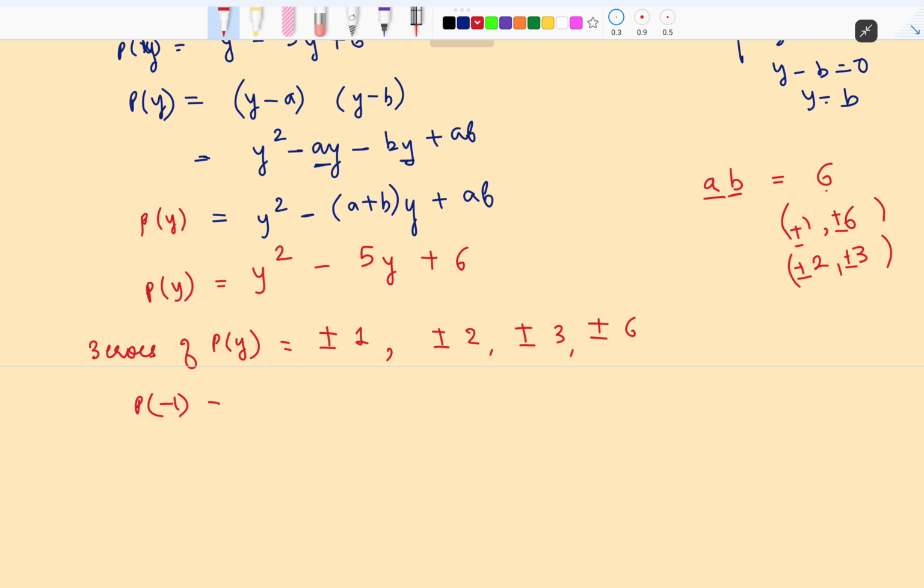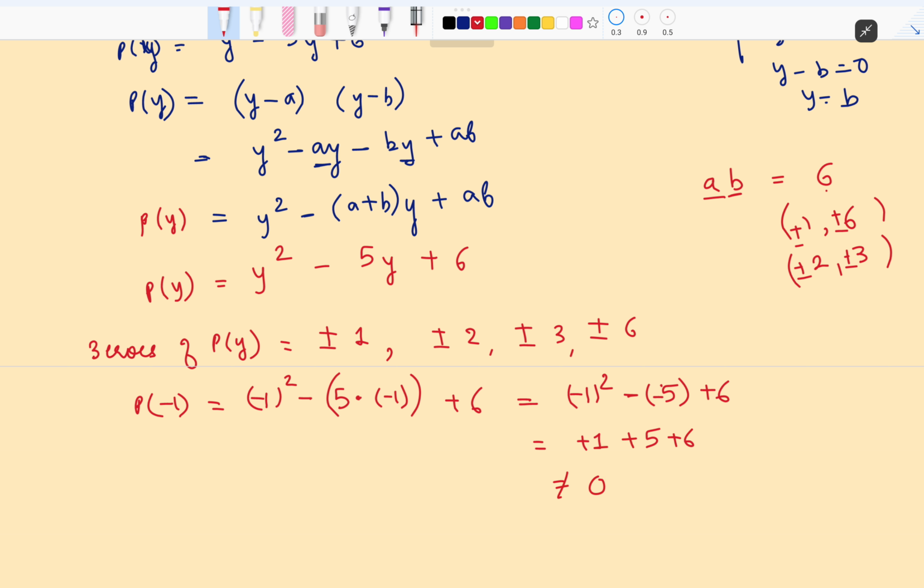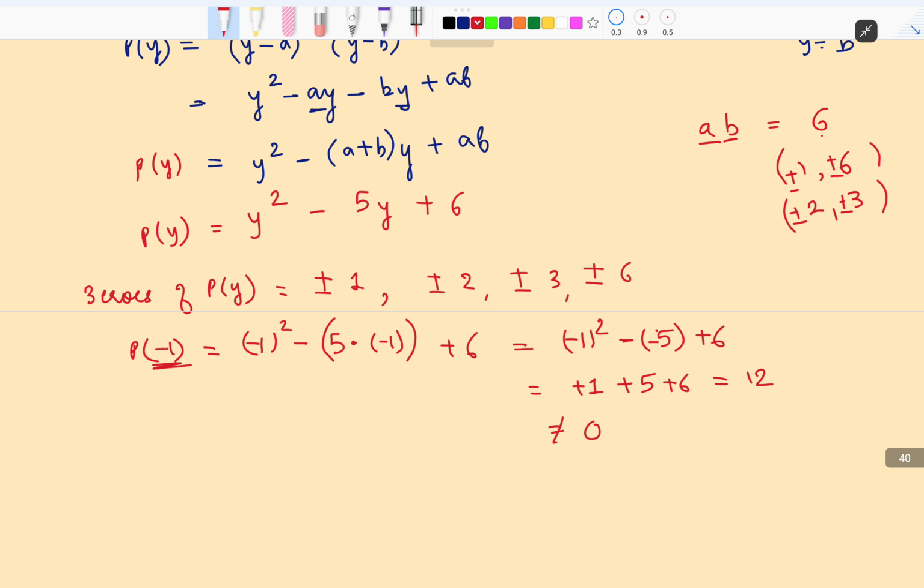P of minus 1 will give me minus 1 square minus 5 times minus 1 plus 6, which is equal to positive 1, positive 5, positive 6. That is 12, which is not equal to 0.